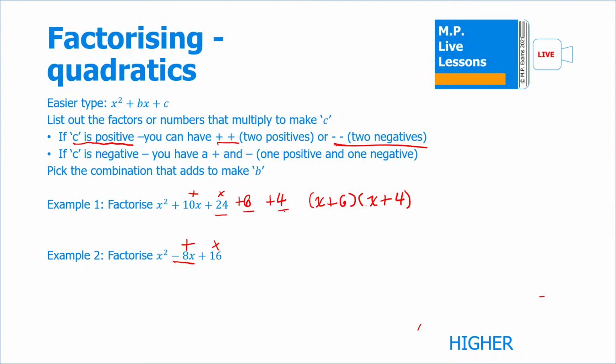If you found it, great, because it's negative 4 and negative 4. So negative 4 times negative 4, the two negatives cancel out and become positive. So that's positive 16. And then if you add them together, it's negative 8. So your two brackets are x minus 4, x minus 4. You could also write this, since they are the same brackets, x minus 4 all squared.